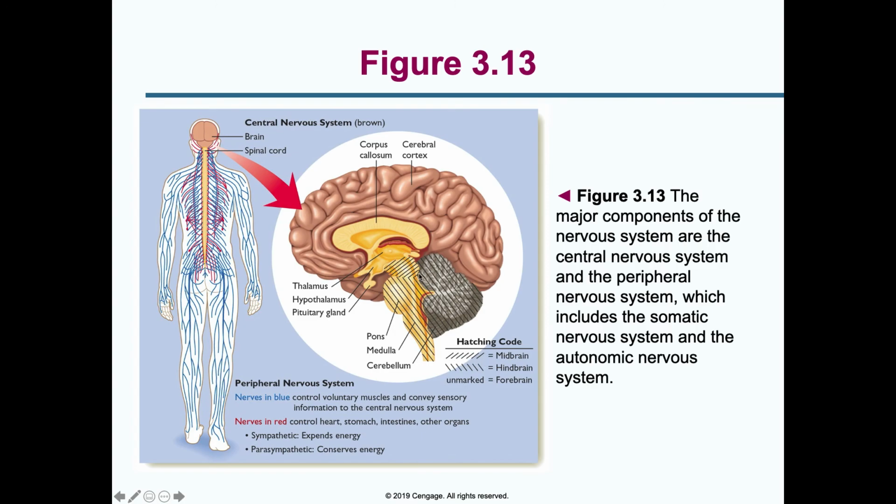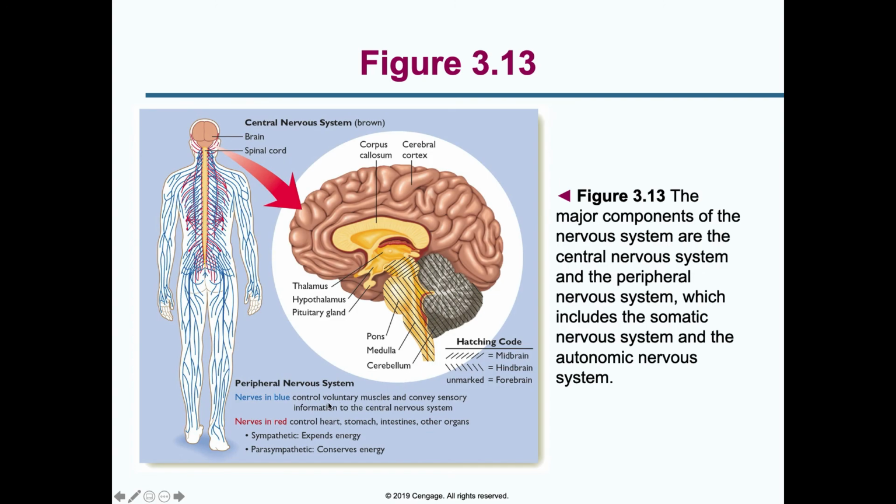This little section right here is the midbrain. These larger sections here is considered the hindbrain. And the forebrain you can't really see in this diagram. That's why it's not marked. But again, we're going to get into each of these parts in a few slides from now, what these parts mean and what they do.